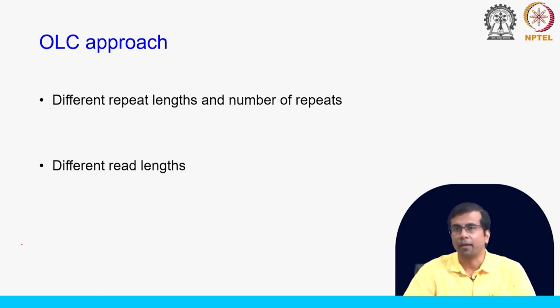This is where long read sequencing comes in. If you remember the first few classes, we talked about short read sequencing and long read sequencing. The problem with assembly that arises from repeats can be resolved by long read sequencing, and that is why we prefer to use long reads when you have to resolve these repeats. So, I encourage you to do this with a short reference sequence, with different repeat lengths and different read lengths, and you will see that with increasing read length you will be able to resolve these repeats better.